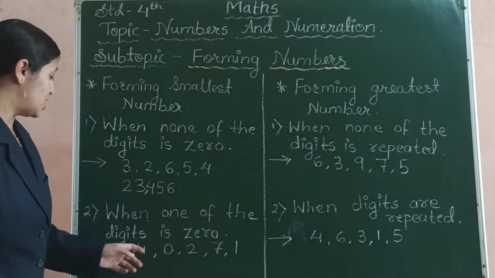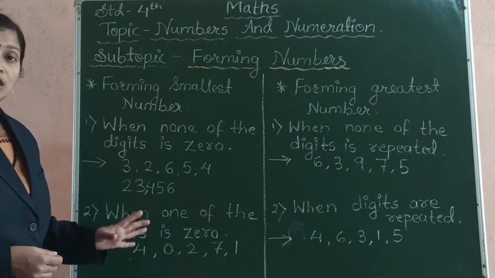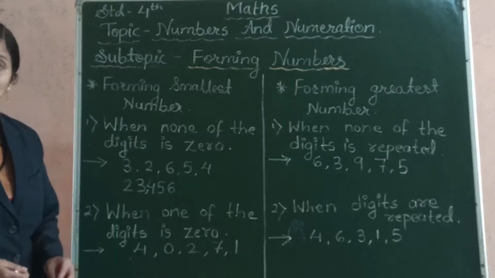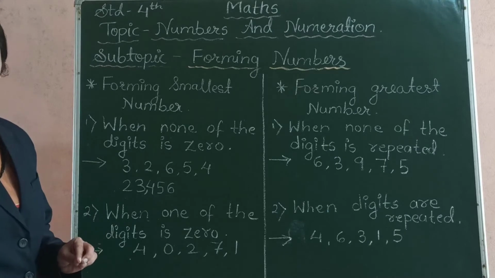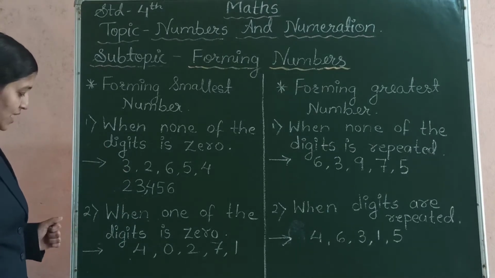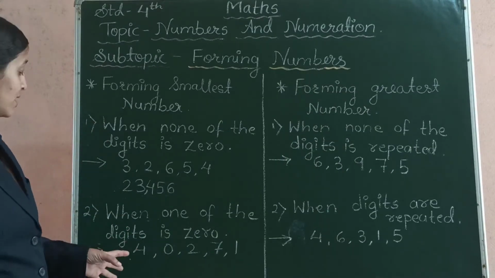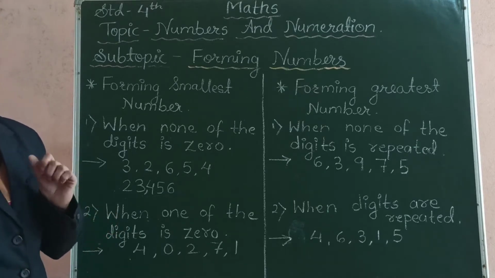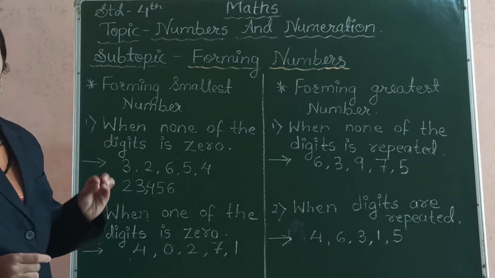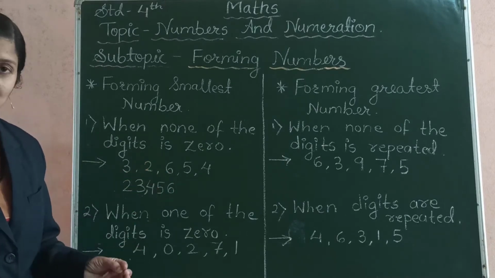When one of the digits given to us is 0, then we have to arrange the digits in the ascending order itself, but 0 has to be placed at the second place from the extreme left. So this is the extreme left side, and we have to arrange these digits in ascending order only, but the second place is given a fixed place, that is the second place from the extreme left should be given to 0, and the rest of the numbers have to be arranged in the ascending order.